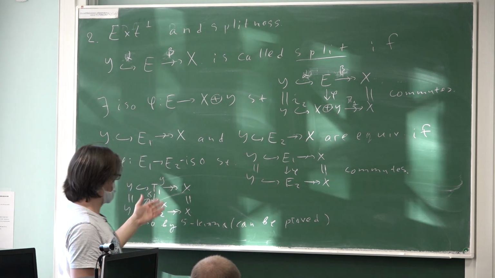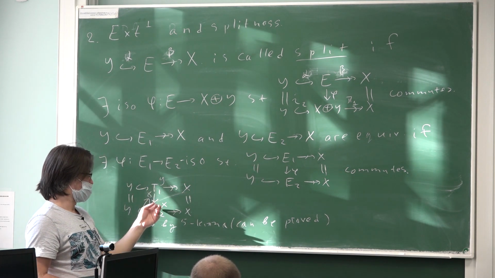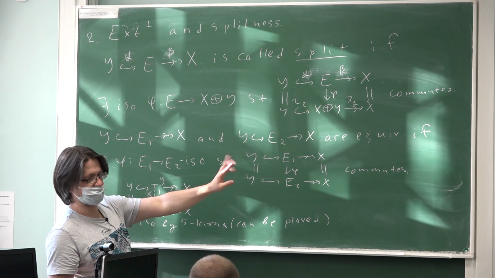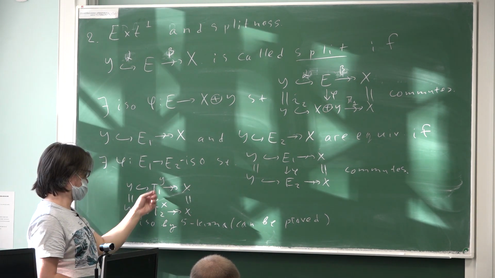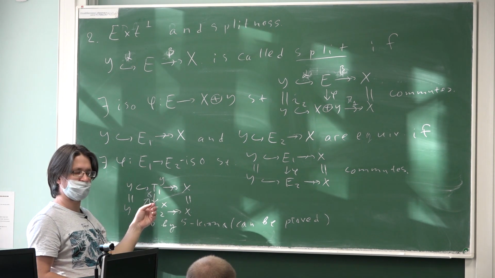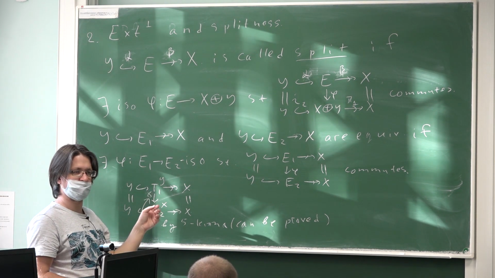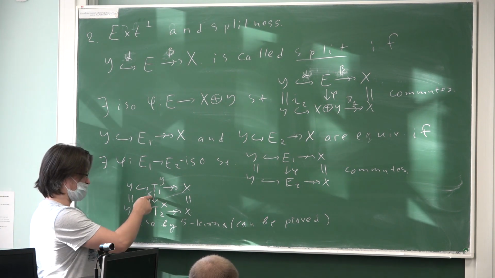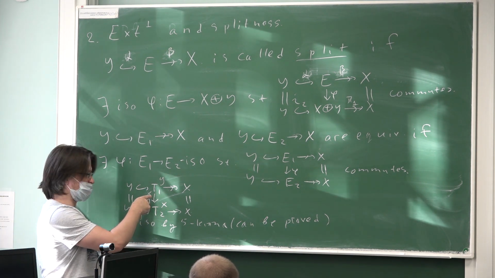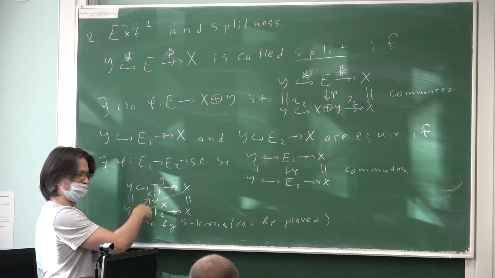The problem is that usually when n is 2 or more, this relation of elementary equivalence is not symmetric. But here, by the 5 lemma, this map is an isomorphism. So in fact, this relation is symmetric.